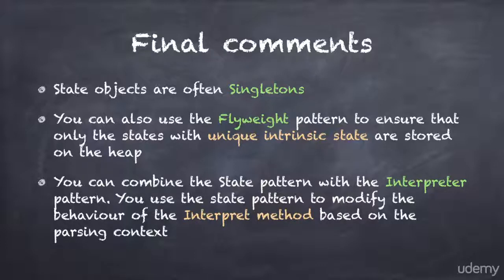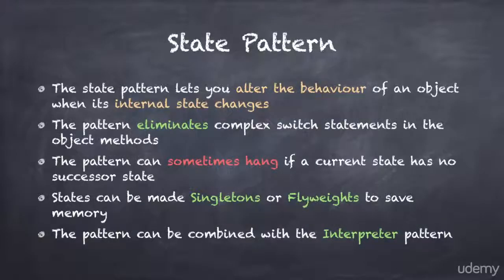Okay, let me recap what we have learned in this lecture. The state pattern lets you alter the behavior of an object when its internal state changes. The pattern eliminates complex switch statements in the object methods.